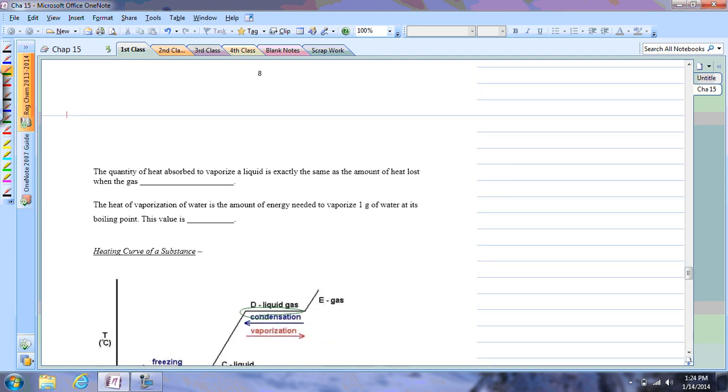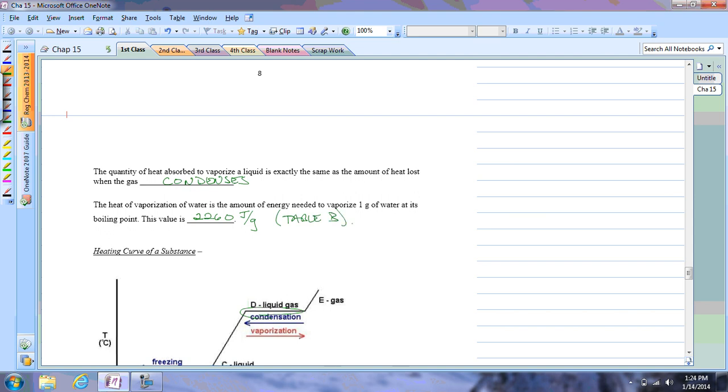The quantity of heat absorbed to vaporize is equal to the quantity of heat lost when the gas condenses. The heat of vaporization of water is the energy needed to vaporize 1 gram. It is not the same as the heat of fusion. It is 2260 joules per gram, and this is also found in table B.